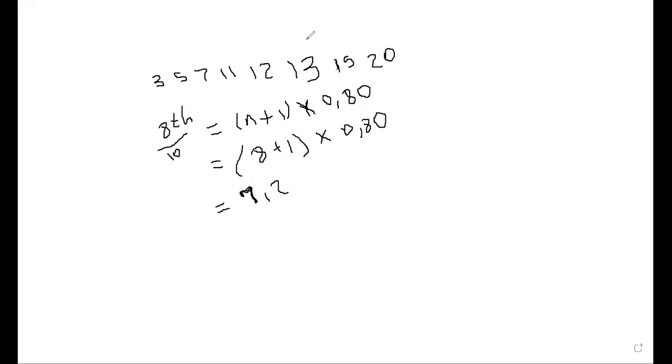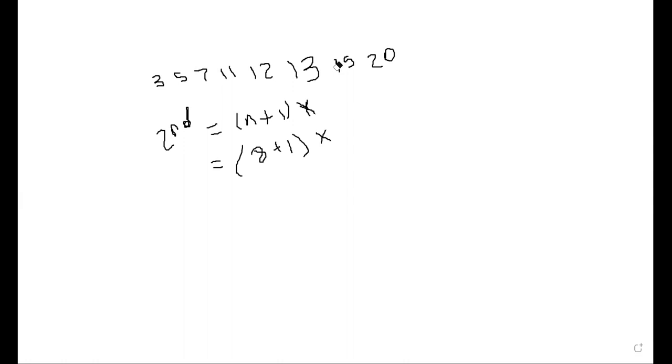So I want to do something different actually. Let's try the second decile. If it is the second decile, even here I'm going to change. It's 2 divided by 10, right?